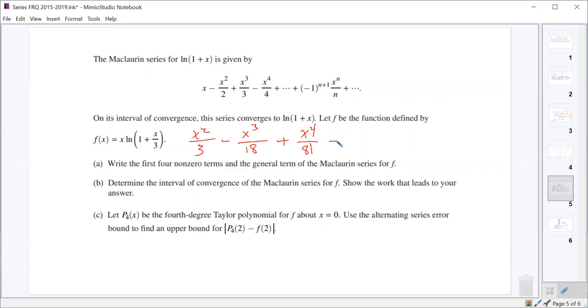Next term would become x to the 5th over, what does that come out to be? They didn't write it in here. What's 81 times 4? So 324. Everybody good with that?